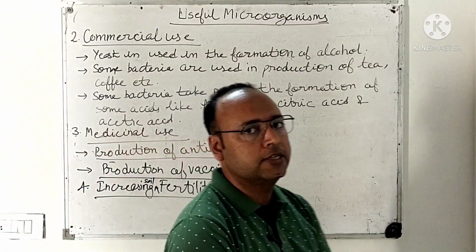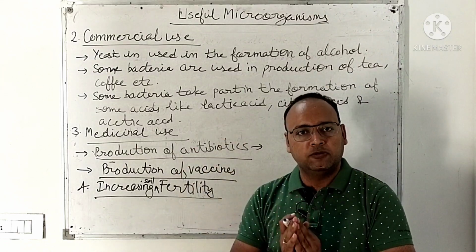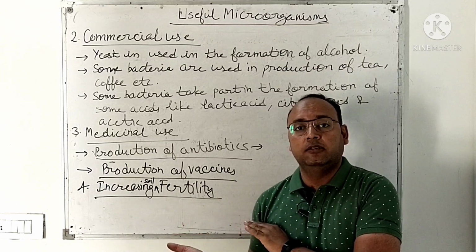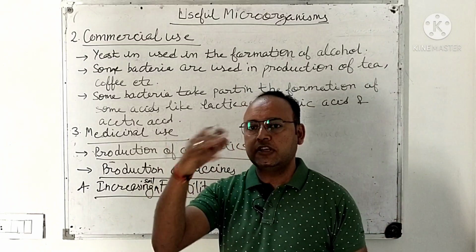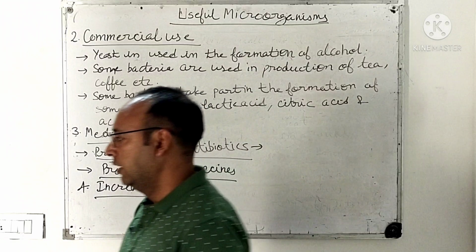We have studied in class 7 that plants are unable to use the nitrogen which is present in the atmosphere. So they use it with the help of these bacteria, blue-green algae, rhizobium, right, which live in the soil and fix atmospheric nitrogen in the soluble form so that the plants can utilize it, right?